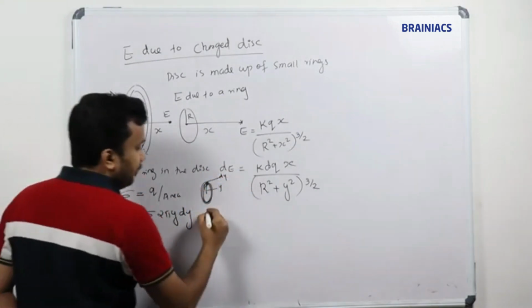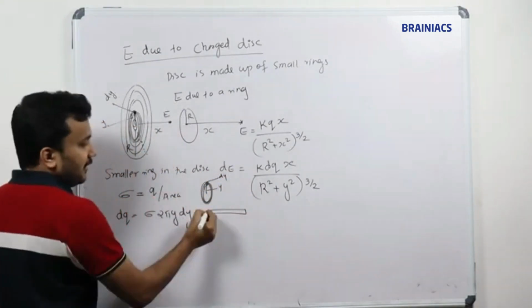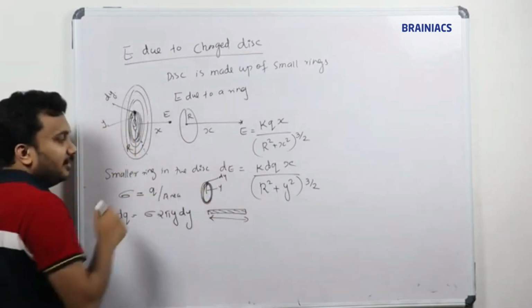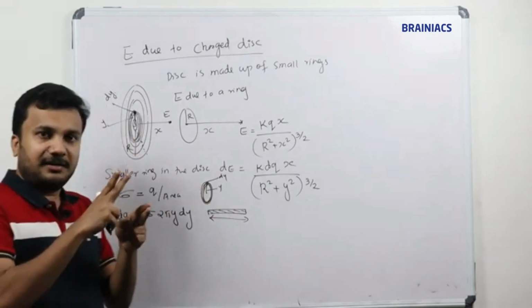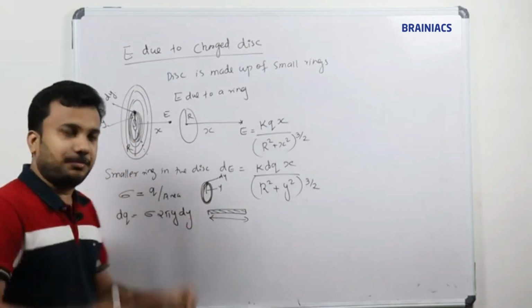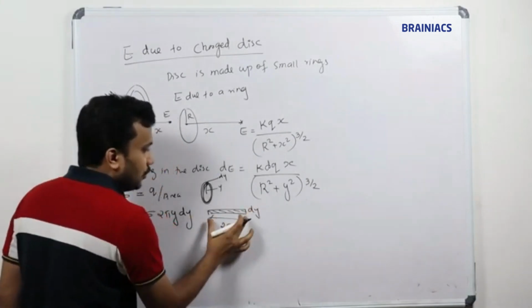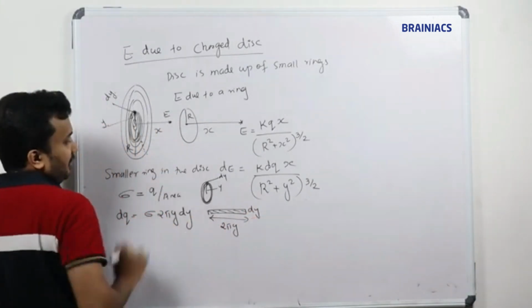If I cut it and make it a sheet, then what is the length? If a circle with radius y is cut with a scissor and kept like a strip, the length of the strip is 2 pi y and the thickness is dy. So length into breadth is the area.